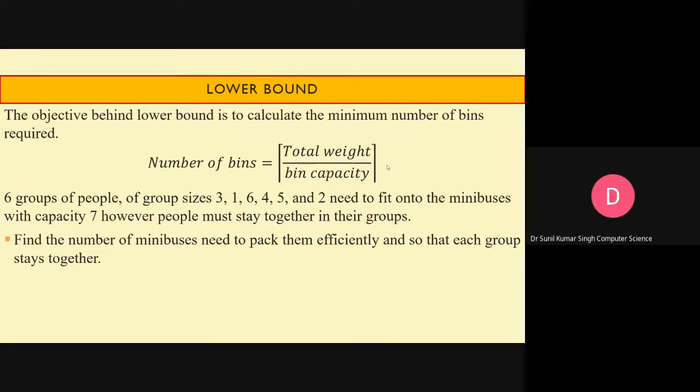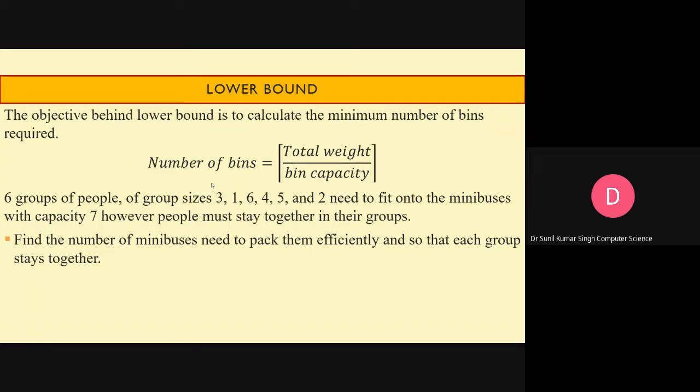So look at the example here. 6 groups of people of group sizes 3, 1, 6, 4, 5, 2 need to fit onto minibuses with capacity 7. However, people must stay together in their groups. As for the lower bound, we have to check what will be the lower bound for this particular problem.